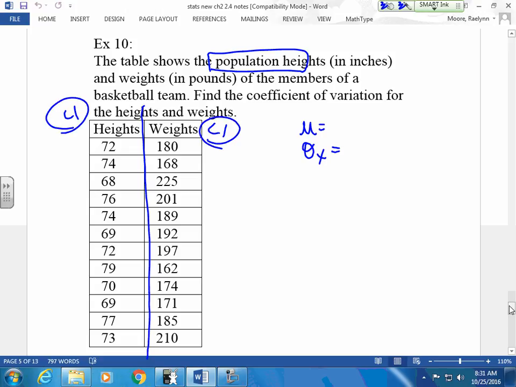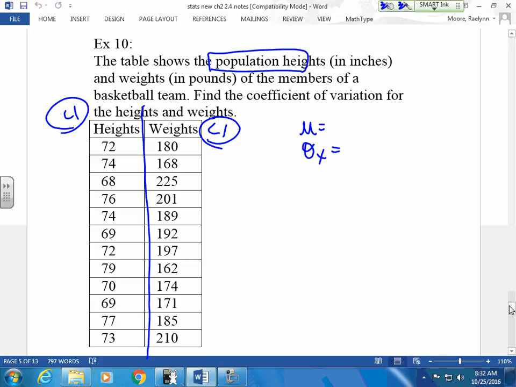So I need this half of the class to figure out the mean and the standard deviation for the heights. I need this half of the class to put it in your trusty calculator and find the mean and the standard deviation for the weights. This is not an L1, L2. They just gave it to you in one graph.